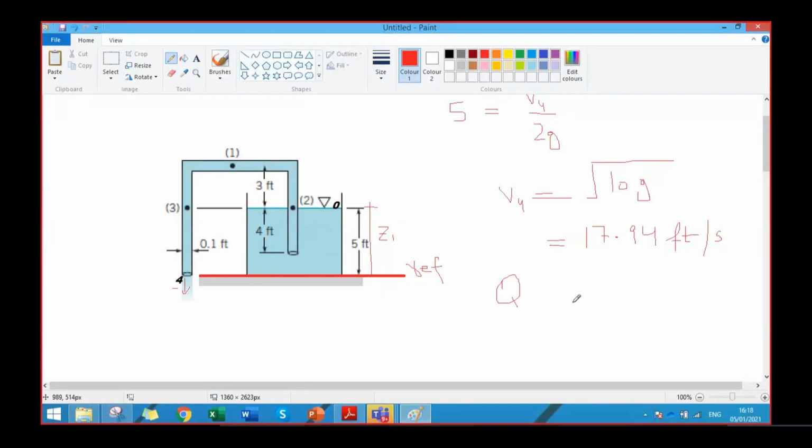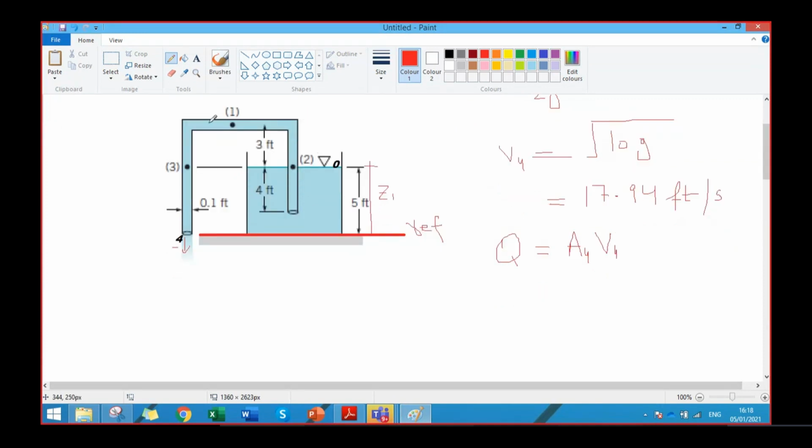We also know that there is no change in the area. The area of the pipe is fixed, the diameter of the pipe is fixed. So we can write V4 equals V1 equals V2 equals V3. Now the pressure P1, the pressure P2, and the pressure P3.